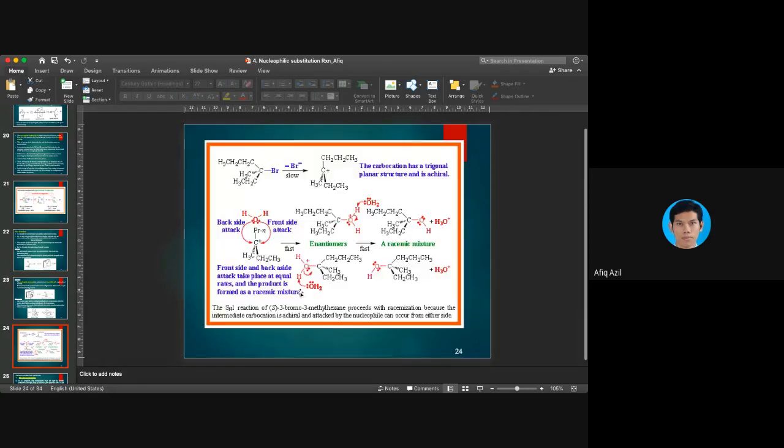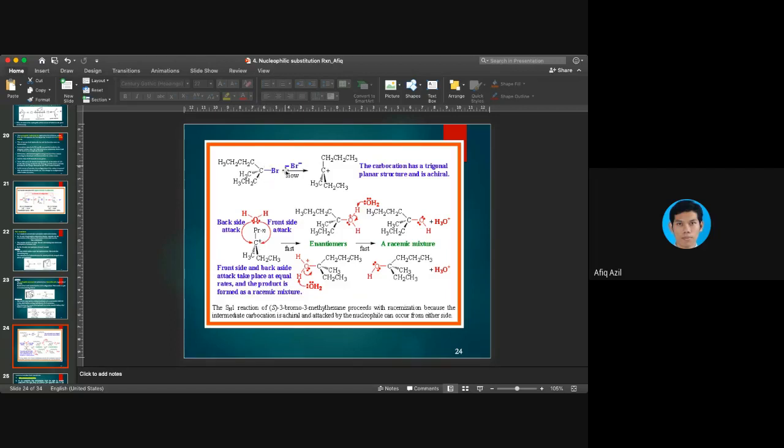Okay, but how the reaction occurs is it will involve two steps. Okay, first is the formation of a carbocation. Then only the nucleophile can come in and attack your carbocation.